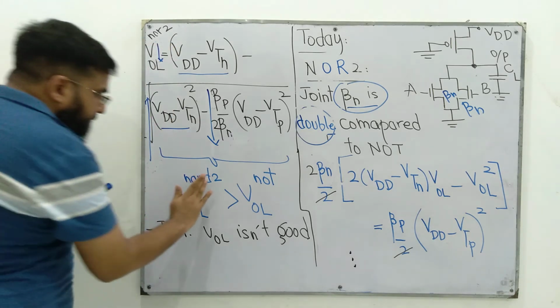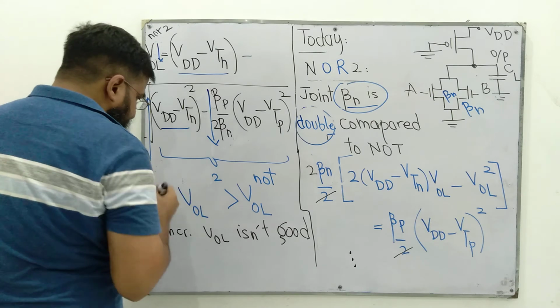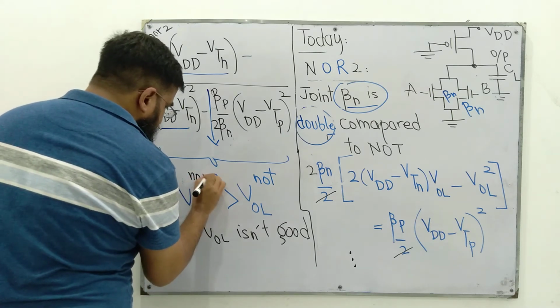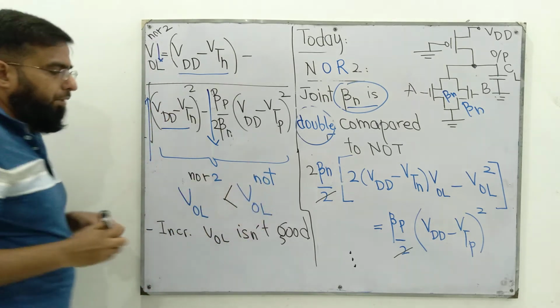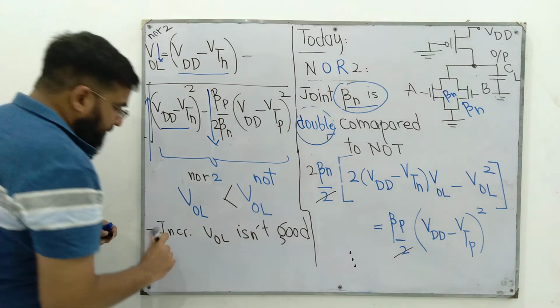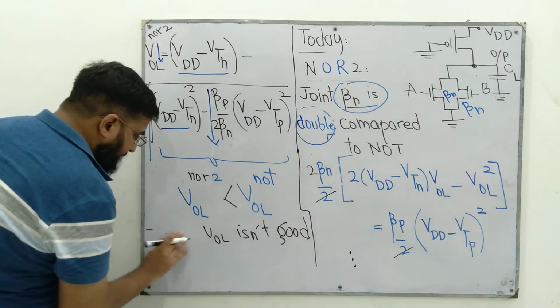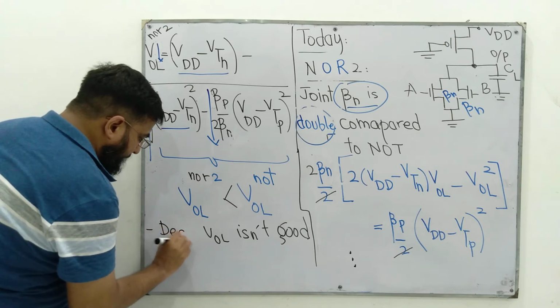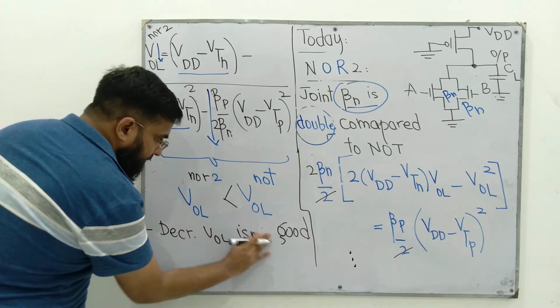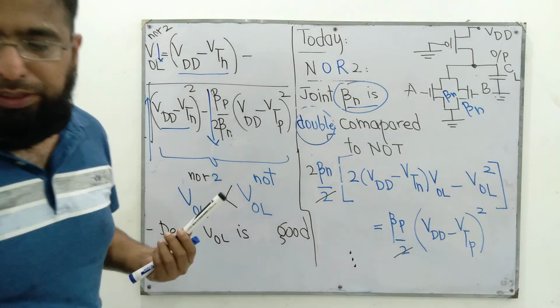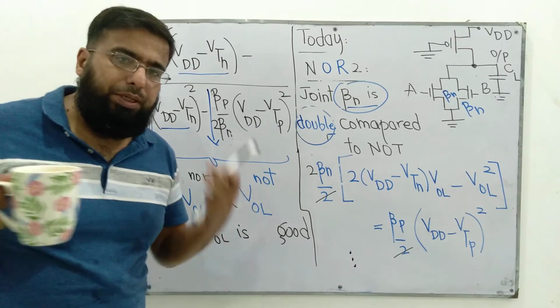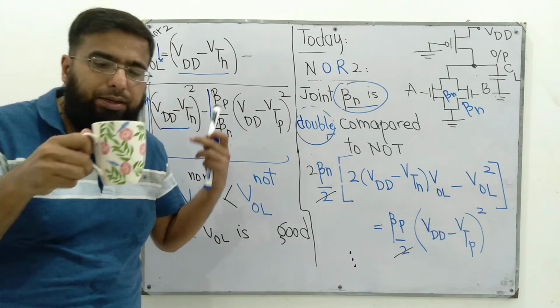So VOL for NOR2 would be smaller than the VOL of NOT. So this is decreased, and decreased VOL is good, because decreased VOL takes us to a value that is closer to 0, and it should ideally be exactly equal to 0.